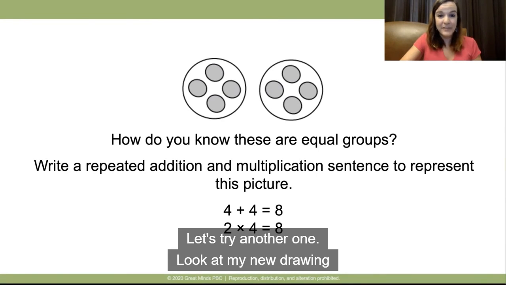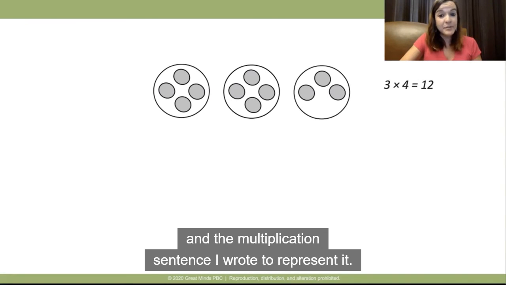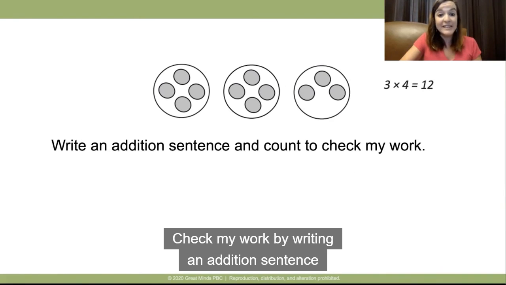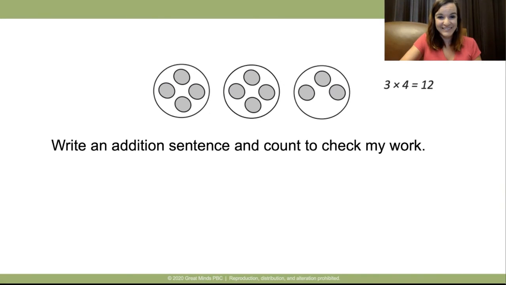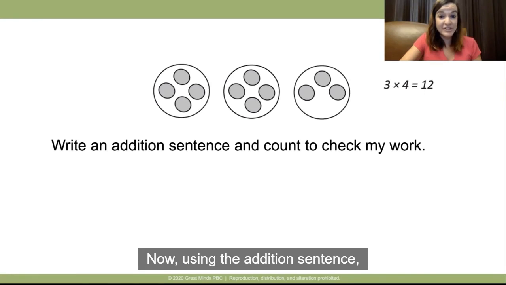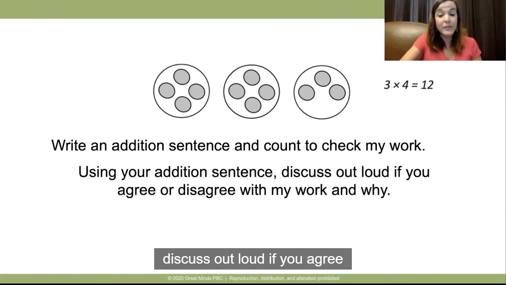Let's try another one. Look at my new drawing and the multiplication sentence I wrote to represent it. Check my work by writing an addition sentence and counting to find the total number of objects. Now, using the addition sentence, discuss out loud if you agree or disagree with my work and why.